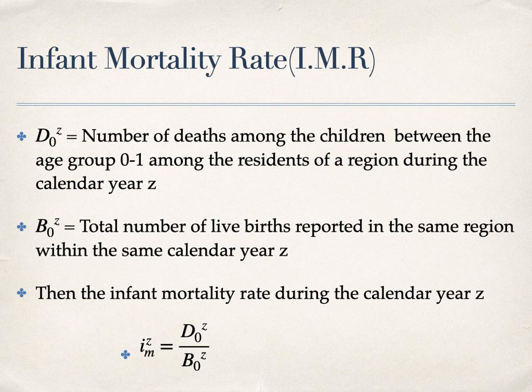Yes. So if a baby born in December of 2019 dies in 2020, that count will be taken in the numerator. But B naught of Z, the denominator, counts only the live births that happened in the year 2020.